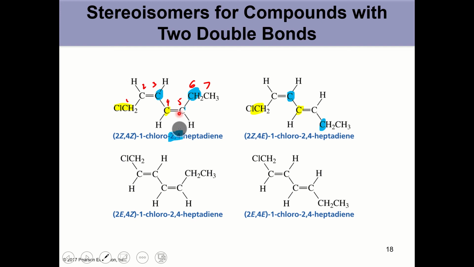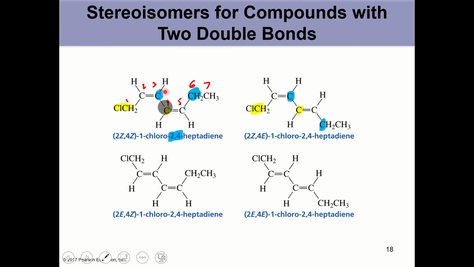For our second pi bond between carbons 4 and 5, our high priority groups are colored in blue. Again, both of these are competing for priority with hydrogens, and hydrogen is always the lowest priority, so the blue is the higher priority.